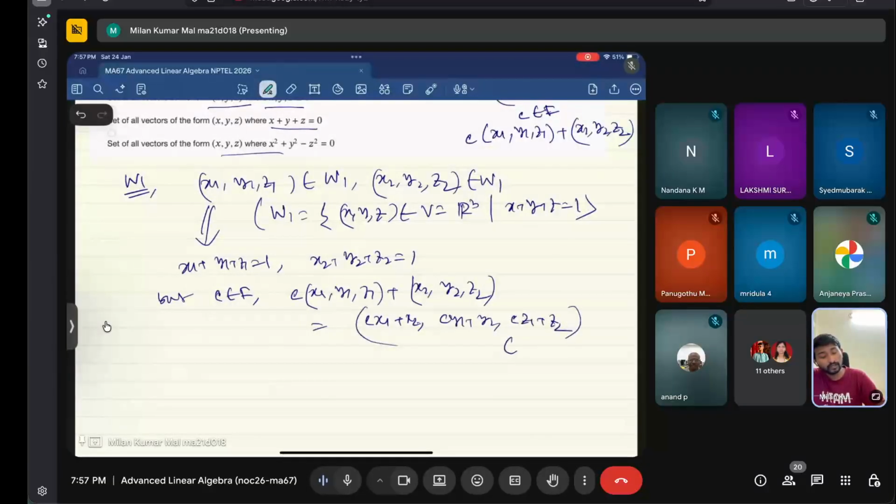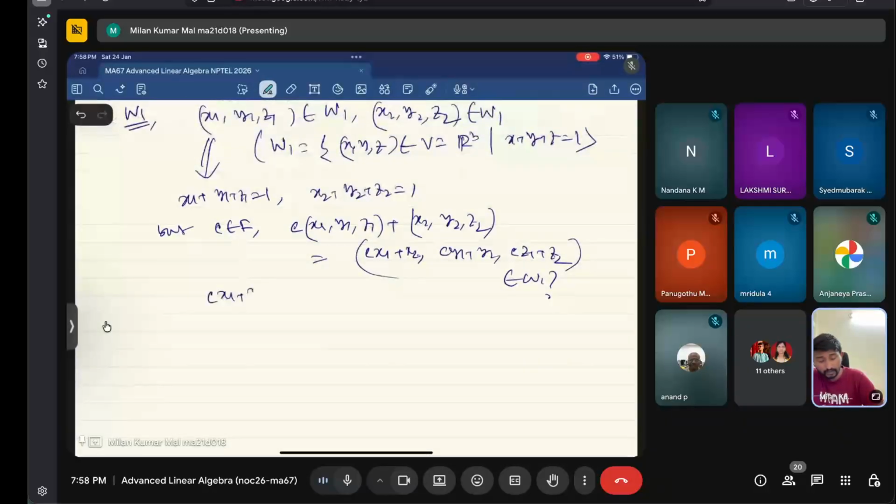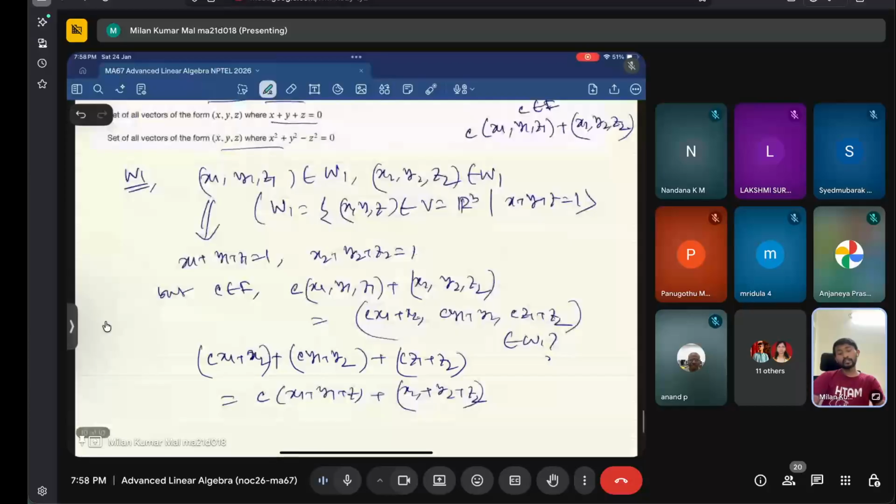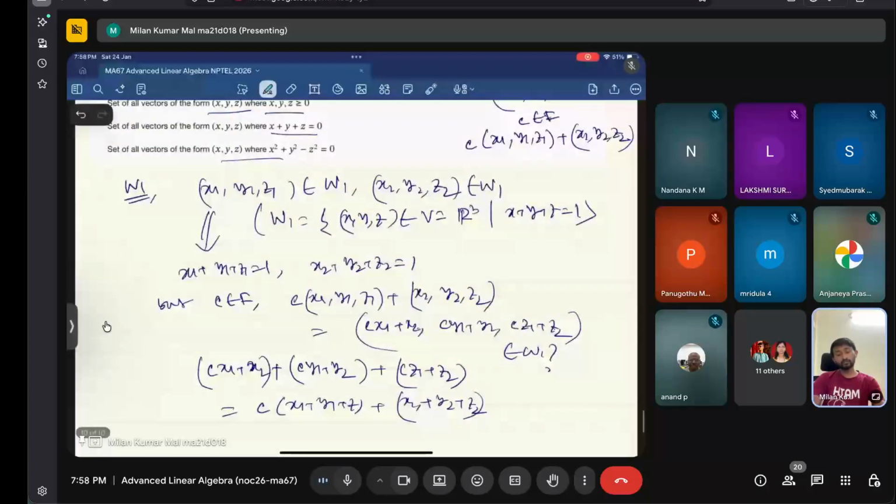Now the question is whether this is in W1 or not. Cx1 + x2 is the first entry, cy1 + y2 is the second entry, cz1 + z2 is the third entry. So the sum will be c(x1 + y1 + z1) + (x2 + y2 + z2). As (x1, y1, z1) and (x2, y2, z2) are in W1, their sums are always 1. So this will give c + 1.